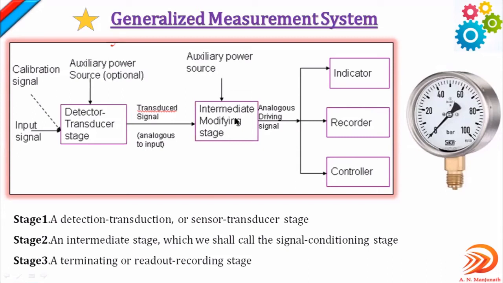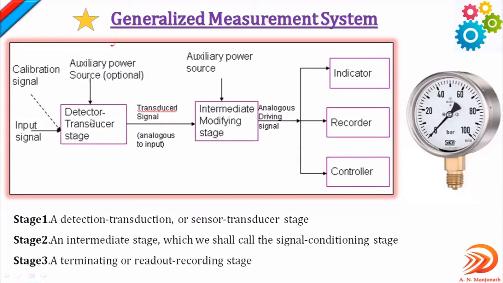The important function of this second stage is to increase either the power or the amplitude of the signal. Modifying means to enhance, to the betterment, the amplitude or the power of the signal which is received from the first stage.